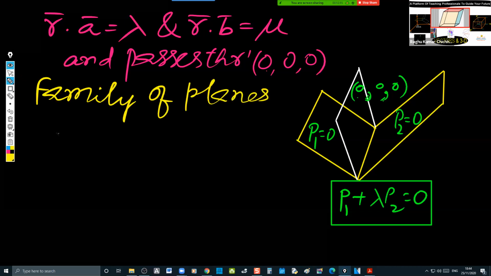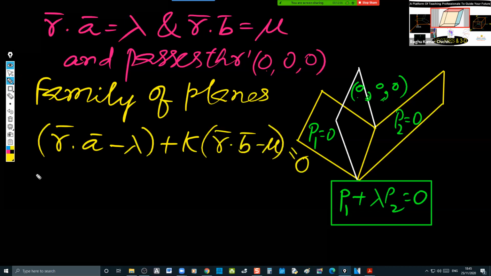P1 means this is R dot A. R bar dot A bar minus lambda plus some k into R bar dot B bar minus mu is equal to 0. Okay. But it passes through 0, 0, 0.